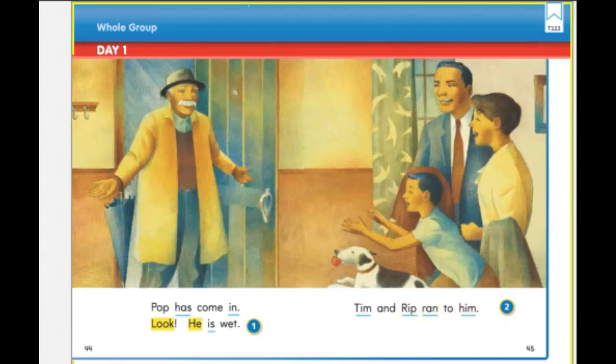Now, why do you think Pop might be wet? Well, it's storming outside, and if we look in the background behind Pop, we can see it's raining outside.